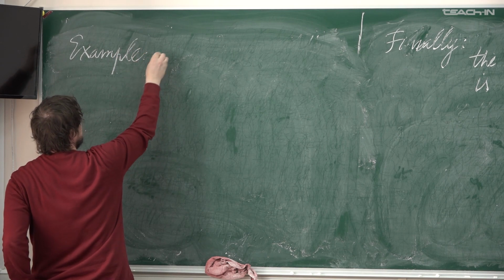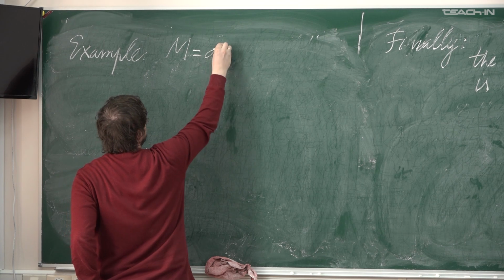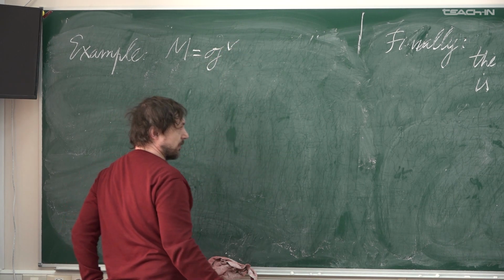So first of all, we take M equal to the dual space of a Lie algebra.